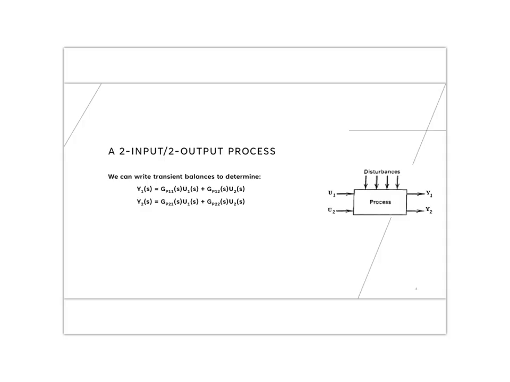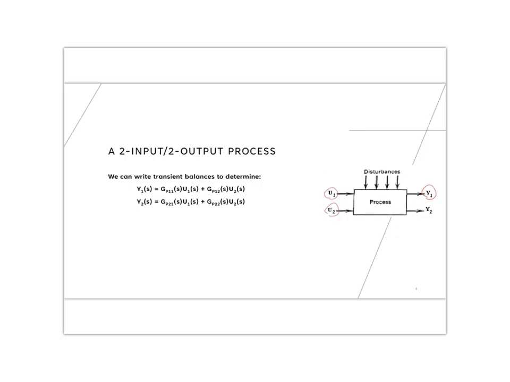We can think of a generic balance. If I have two inputs and two outputs, and both of them relate to each of the others, then I have sort of a generic transient balance that would be that Y1 is going to be a transfer function times U1 and a different transfer function times U2.